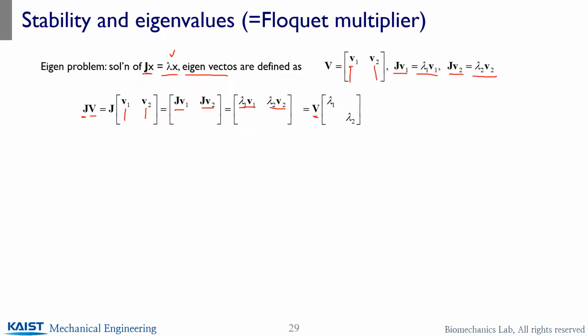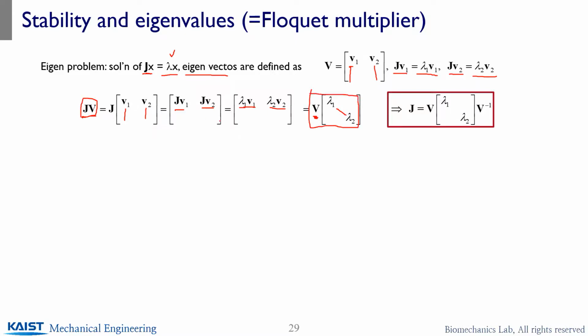That can be formulated as the eigenvector matrix multiplied by the diagonal matrix of eigenvalues. So you have J V equals V times Lambda diagonal, and if you multiply by V inverse on the right-hand side, your Jacobian can be split as V Lambda V inverse. That's the decomposition, decoupled using the eigenvalue diagonalization.